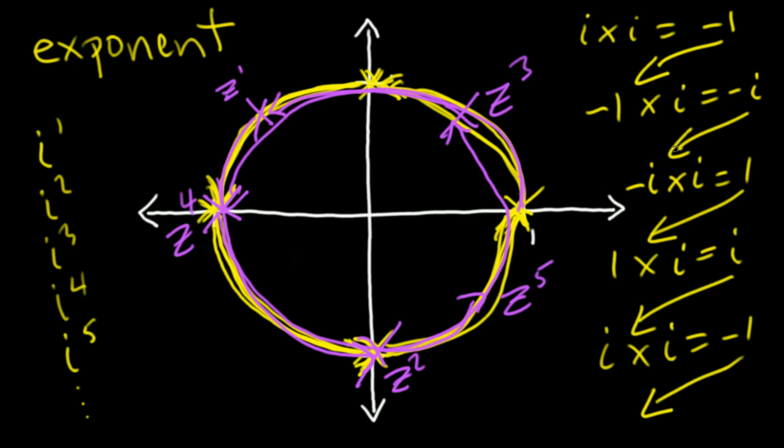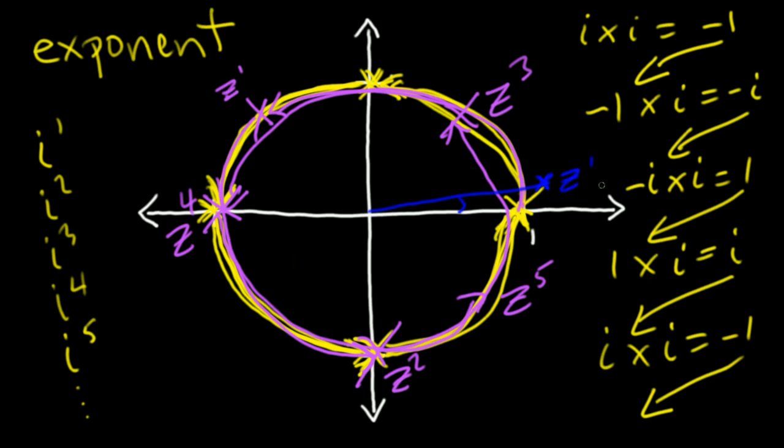And we could choose numbers that aren't even on the unit circle. If we chose a number, say, right here, well, the next number would have this amount of angle more than where we started from.